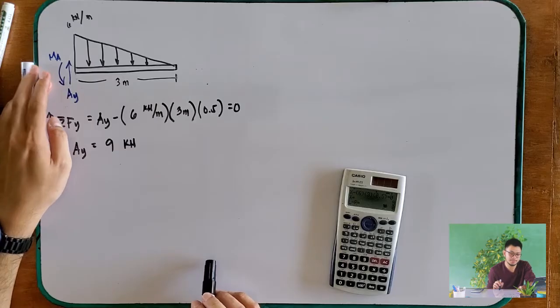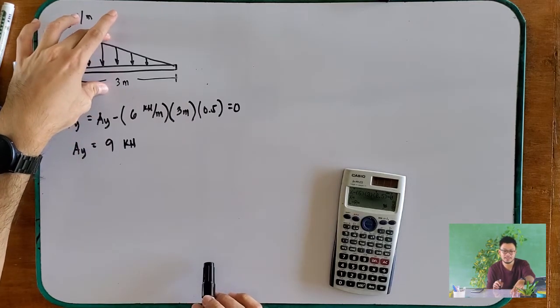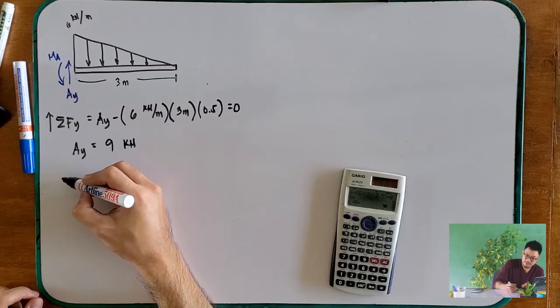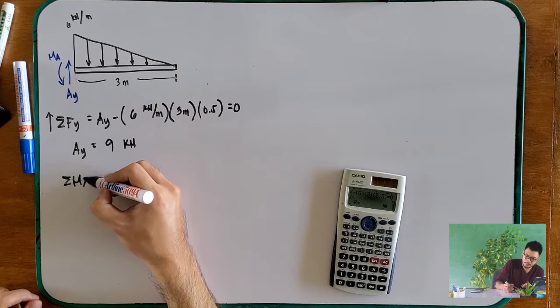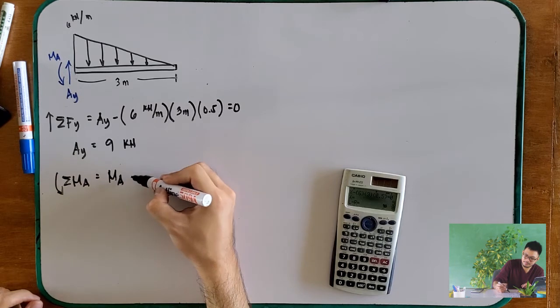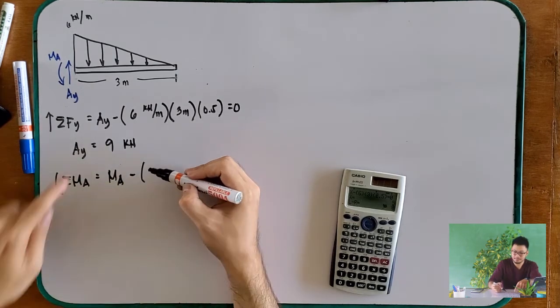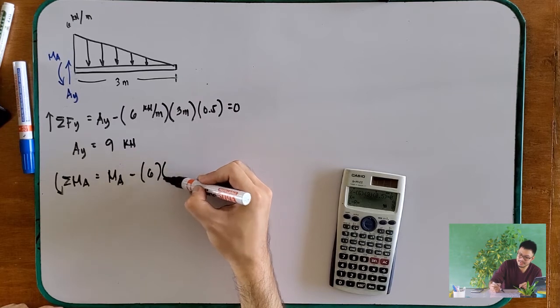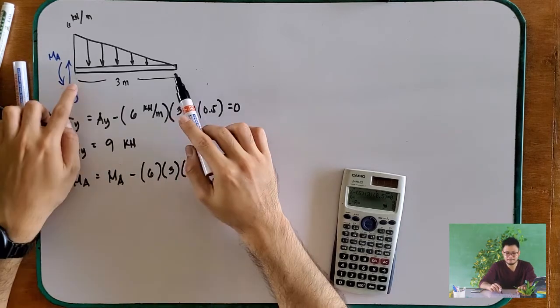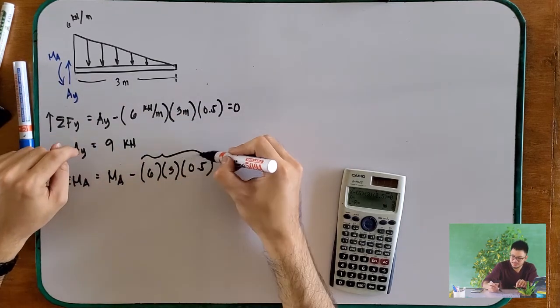How about the MA? We also have to solve for the MA because this is also a support reaction. It supports the moment of this cantilever beam. Kaya kung wala kay MA, kitsa may nagkuha na ng iyang pag-turning. Okay, di ba? So, let's solve for MA. Summation of moments about point A going there is equal to MA minus kani 6 times 3 times 0.5 nya moment arm kay kani kay mao pa maning force, diba?